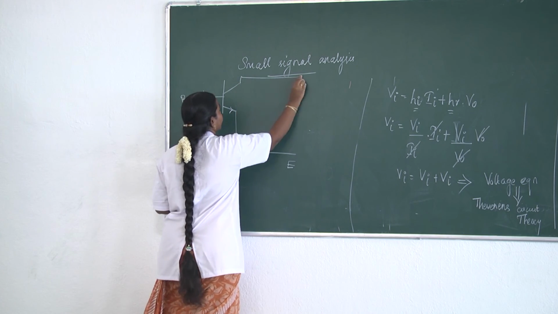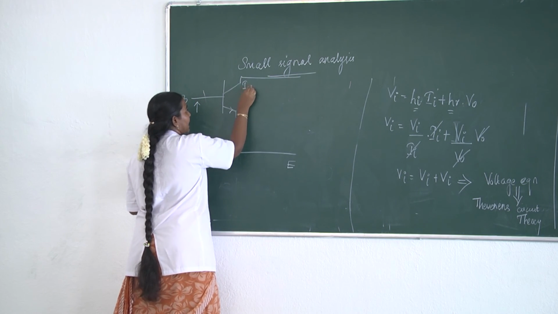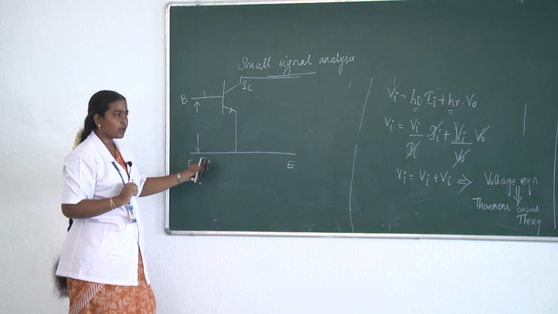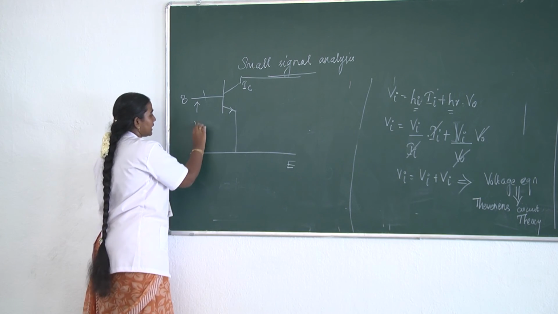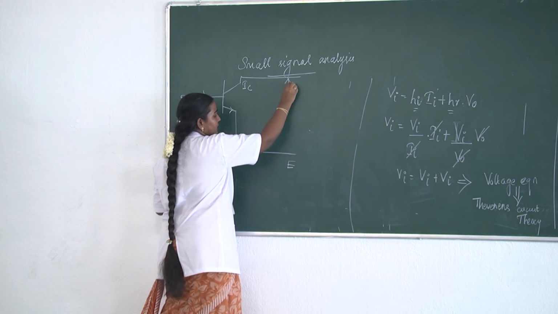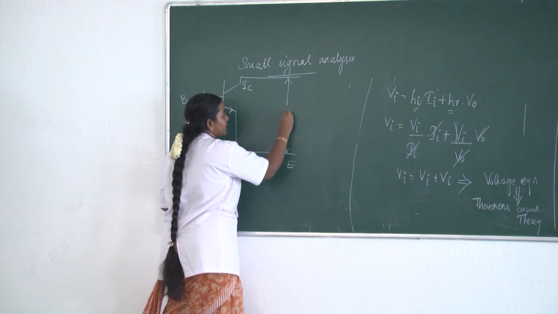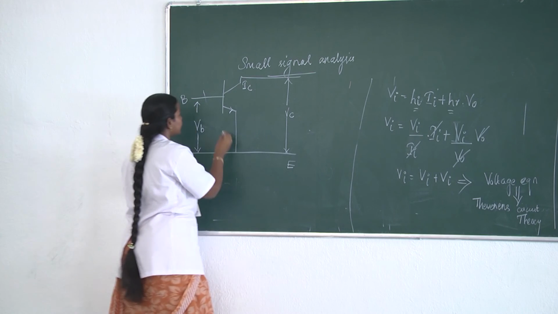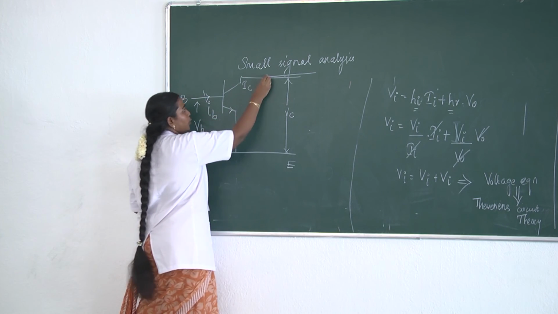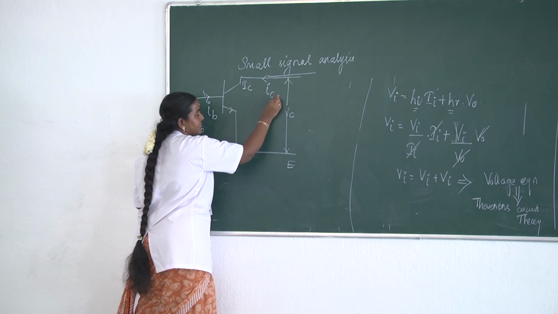From the collector we will have the output. It is drawn like this. We will have the voltage between the base and the emitter as VB, and we will have the output voltage between the collector and the emitter as VC, and the input current will be represented as IB and the output current will be represented as IC.